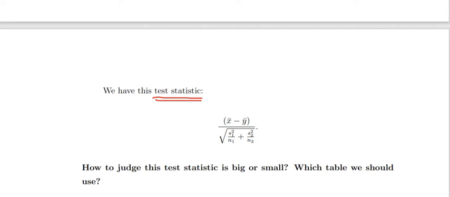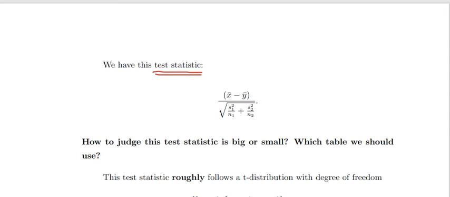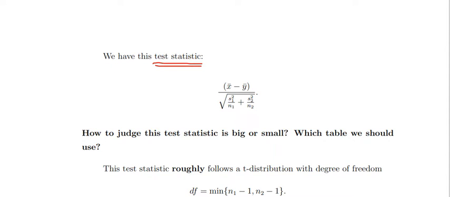So how can we determine whether it is big or small? We need to compare this test statistic with some critical value. So where can we find a critical value? This is the problem: which table should we check, or which distribution does this follow?